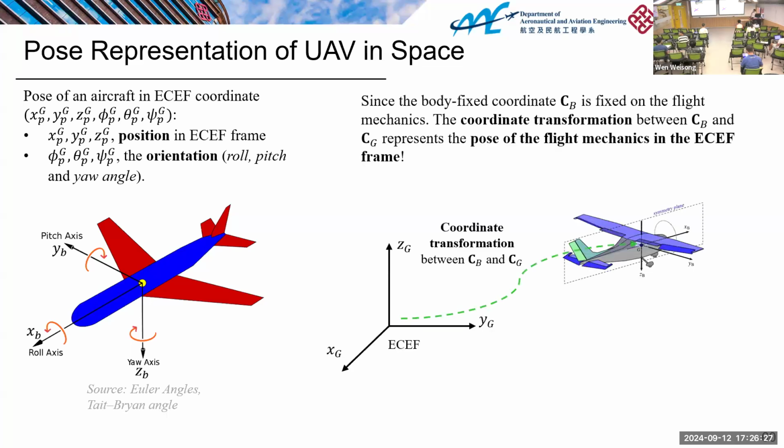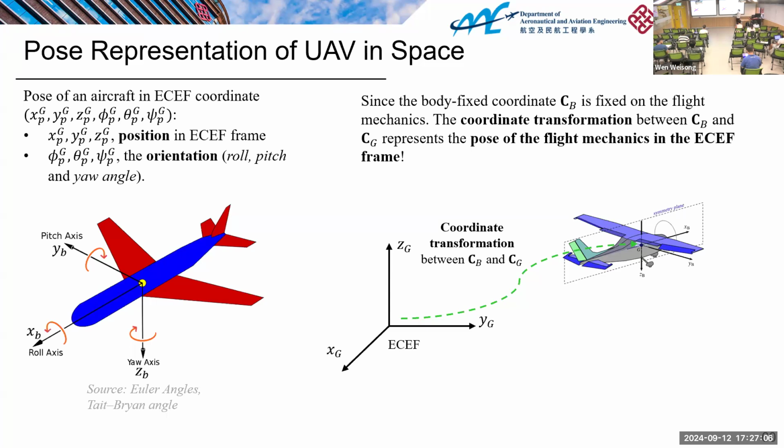Since the body-fixed coordinates CB means the body frame is fixed on the flight mechanics, the coordinate transformation between CB and CG is the pose of the flight mechanics in the ECF frame. How to understand this? The ECF coordinate is fixed at the center of the Earth, and this body frame is fixed at the center of the fixed-wing aircraft. The ECF is a global frame.